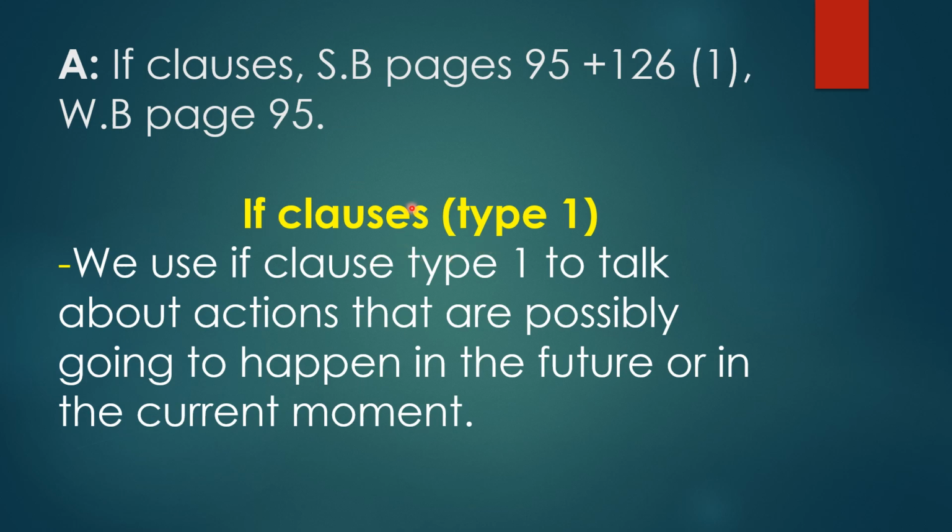If clauses actually have several types, and we are only going to study one of them, which is type 1. So let's get to know type 1 of the if clauses, and why we use it, and when, and how. At first we use if clause type 1 to talk about actions that are possibly going to happen in the future or in the current moment.